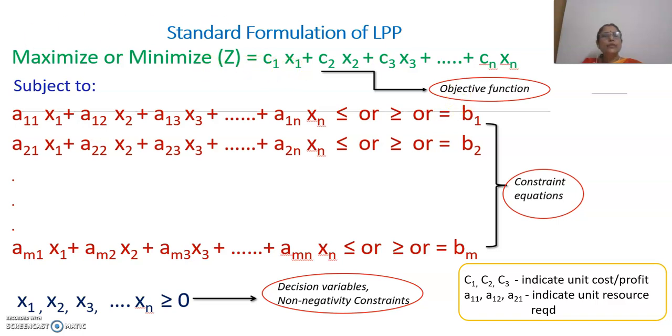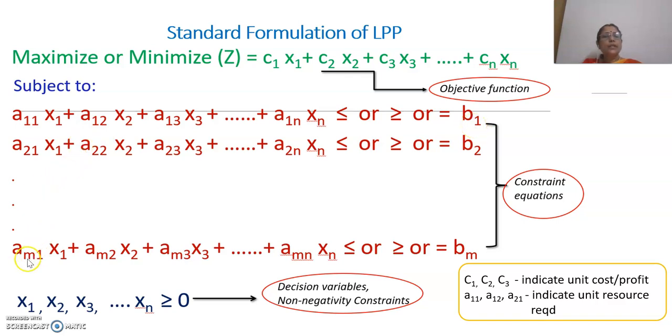Now this objective function is valid only if it satisfies the constraints of the problems. So the constraints indicate resources which may be available or which may be required for satisfying the problem. So the constraints are expressed as a11x1 plus a12x2 plus a13x3 etc. up to a1n xn, with the inequalities which may be of the form less than equal to or greater than equal to or equal to the constant b1.